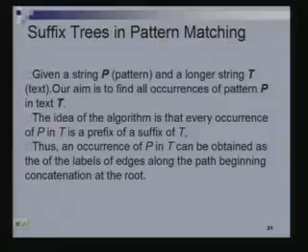Okay, so this is the key idea that we are exploiting in pattern matching. Given a pattern P and a text T, our aim is to find all occurrences of pattern P in the text.